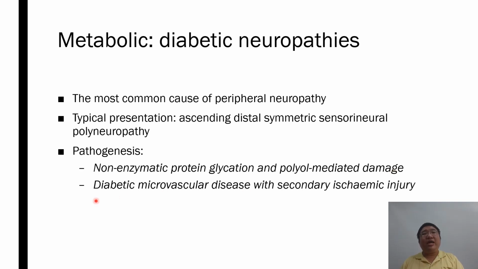And another pathogenetic process is diabetic microvascular disease with secondary ischemic injury. So can you recall the name of the blood vessels that supply nerves? Okay, just consult your textbook. It is vasa nervorum.